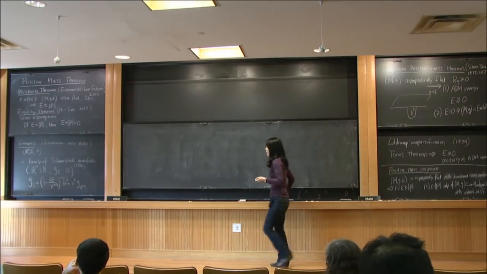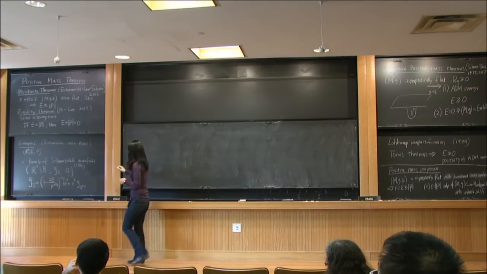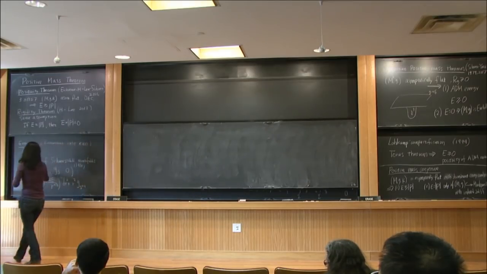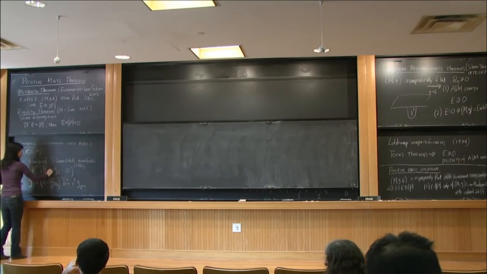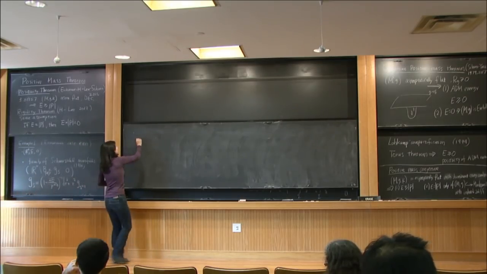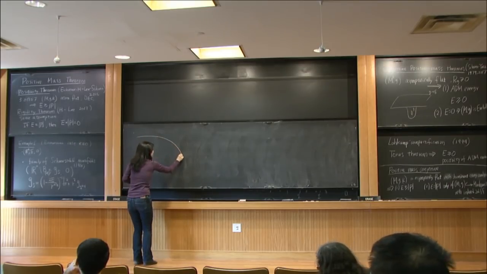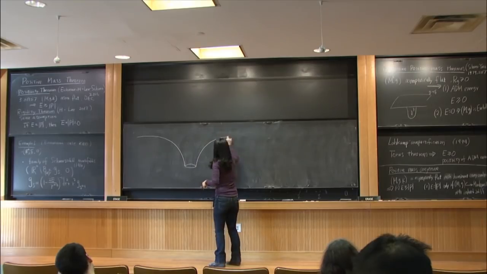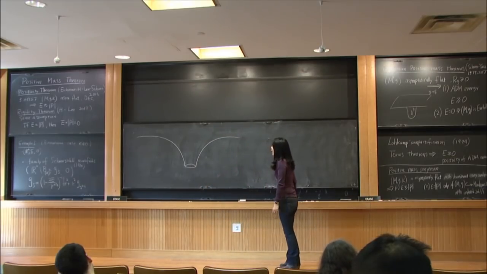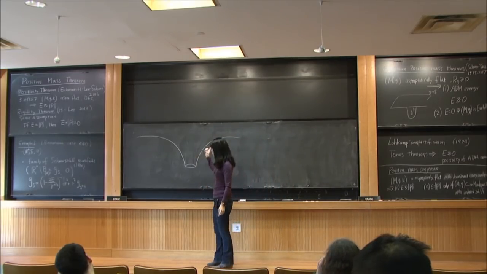So let's try to draw the three-dimensional case. This will be defined over, I can make precise what this radius will be. Right, so let me draw this. Somehow this is only defined outside a ball of Euclidean space, and rotationally symmetric.